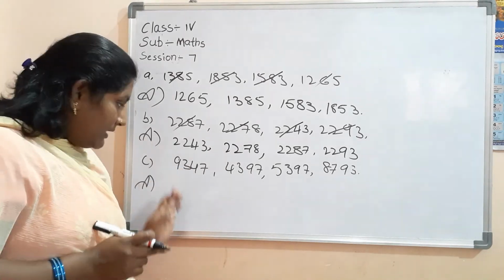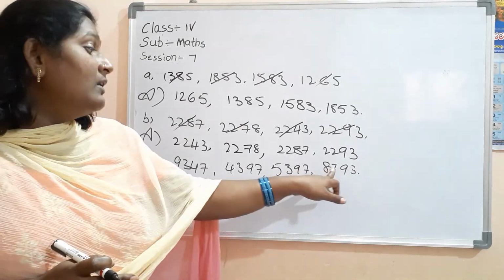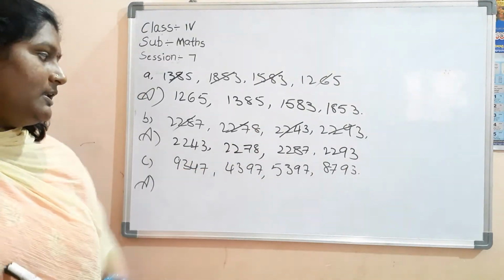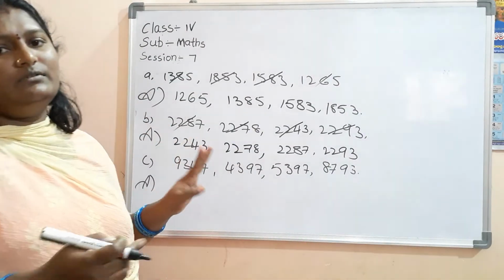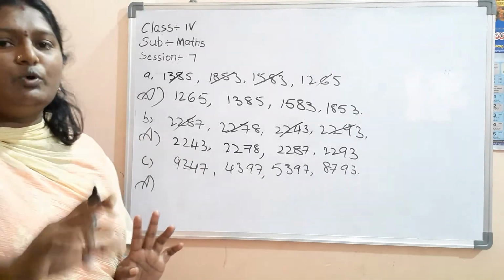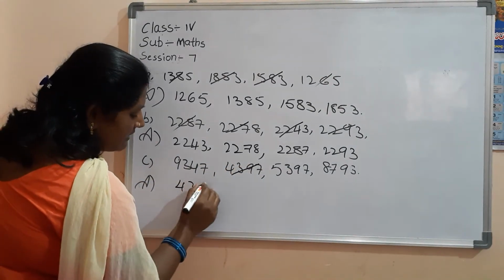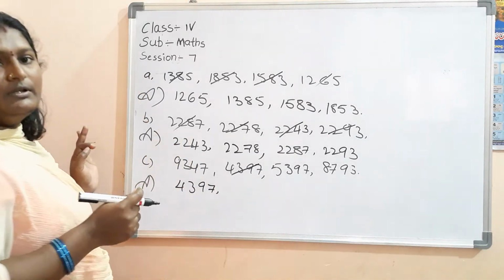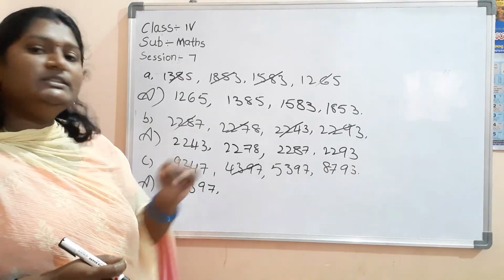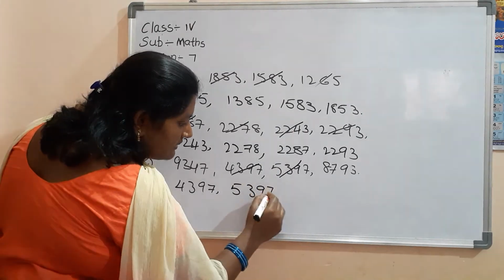The C1: 9347, 4397, 5397, 8793. In the numbers, which one is a small number? You only have to compare the first digit. So 4397 is the small number. What about the next? 5397.